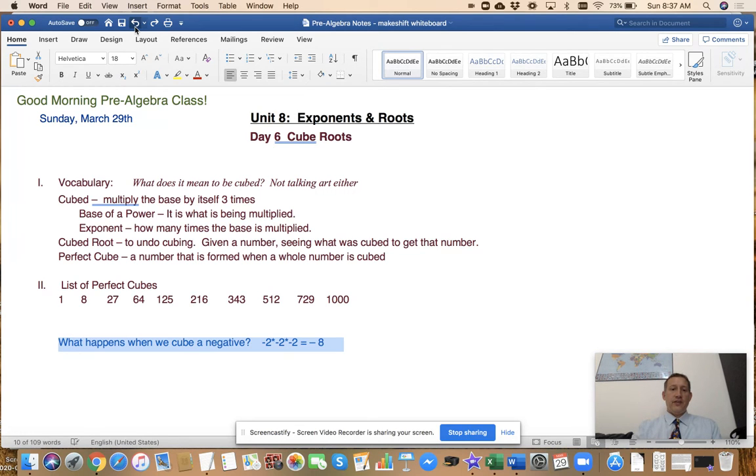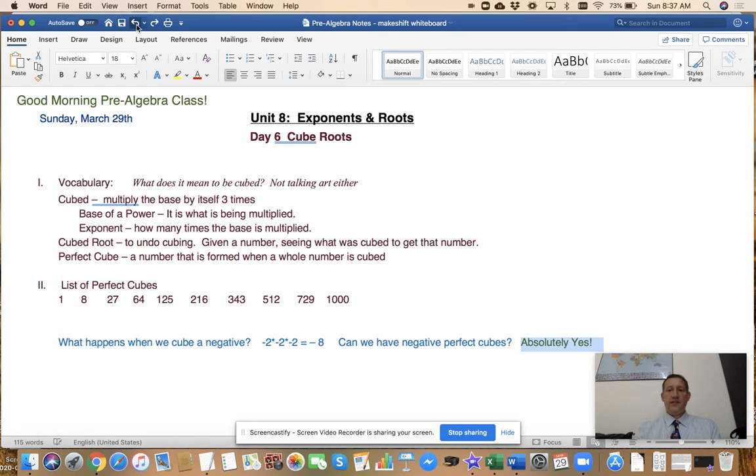All right, so what happens if you cube a negative? Well, let's look. What's negative 2 times negative 2 times negative 2? Negative 2 times negative 2 is 4. Then times negative 2 again would be negative 8. So can we have a negative perfect cube? Yeah, we just did it.